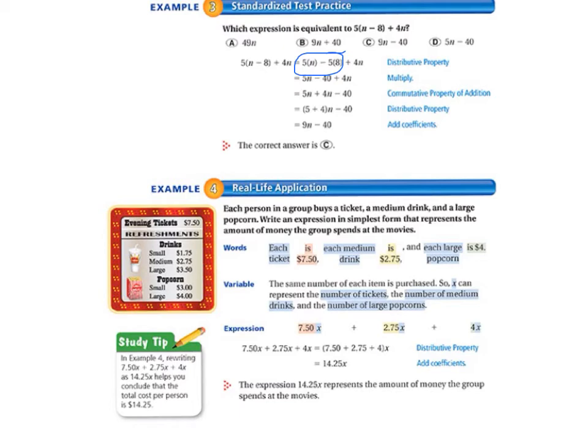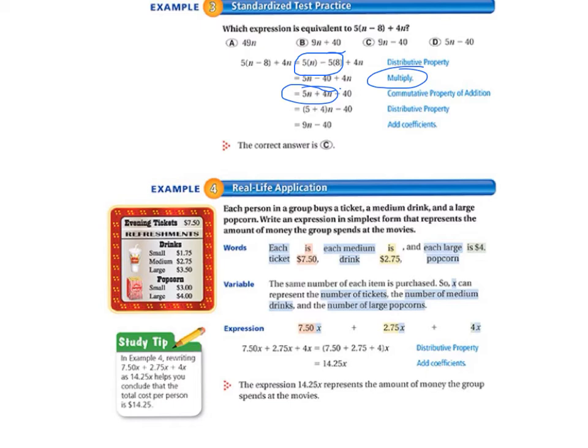So we do that multiplication, and we get 5n minus 40 plus 4n. That's the second step here. We multiplied. And then we use our commutative property of addition and move our like terms so they're next door to each other.